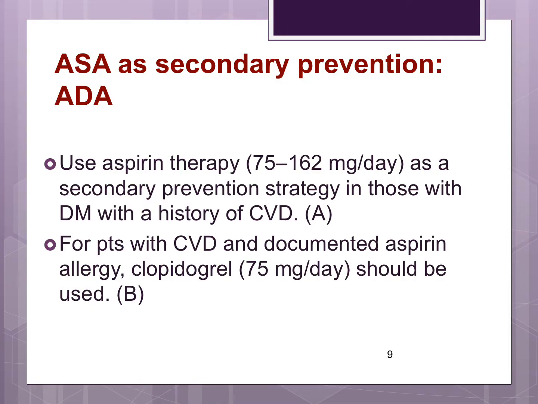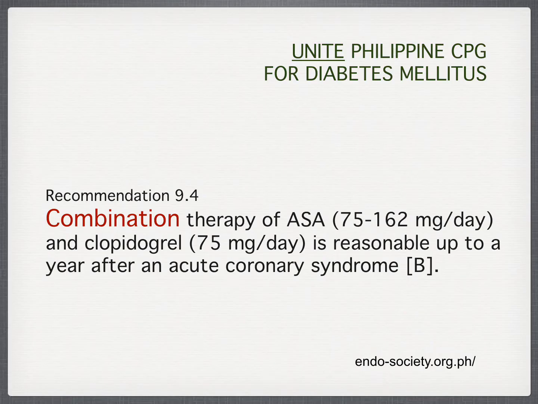Now, if you see someone who has diabetes and who just had an acute coronary event, the recommendation is to combine aspirin and clopidogrel up to 1 year after an acute coronary syndrome. So that's how guidelines have evolved.